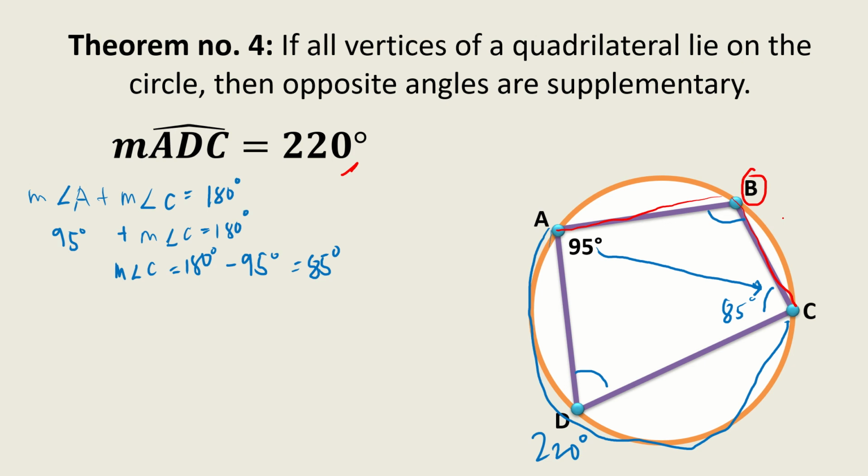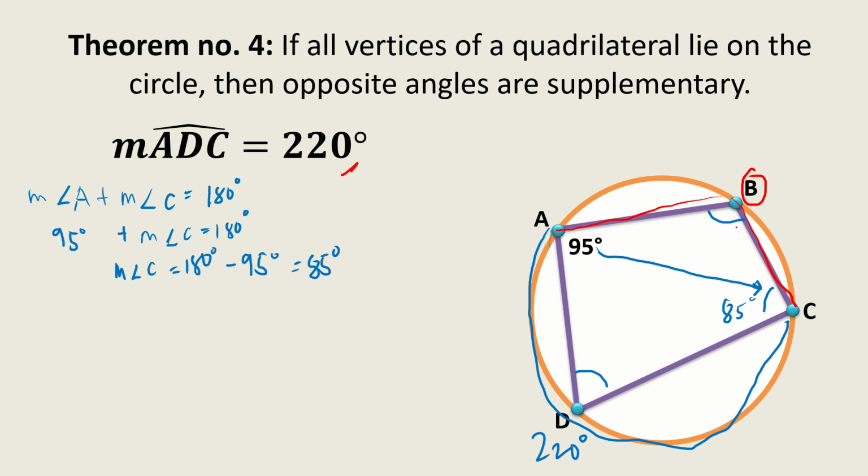Now, si angle ABC or si angle B, ay anong type ng angle? Is it a central angle or an inscribed angle? Okay, that is an inscribed angle kasi nga yung vertex niya ay nasa circle, and yung sides niya ay chords. So ano again, theorem number 2.